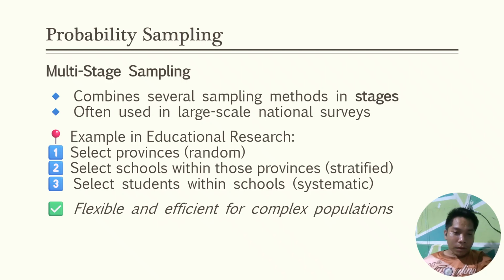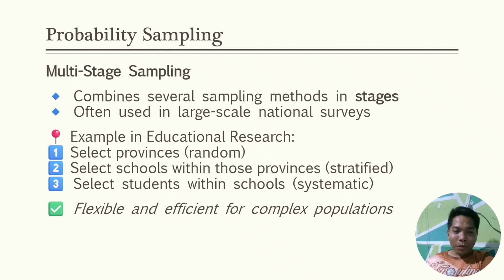An example of this in educational research: first, you select a province randomly, but again, due to limited resources, it is ideal to have Bukidnon as our province, the one that will cater to our needs in research.